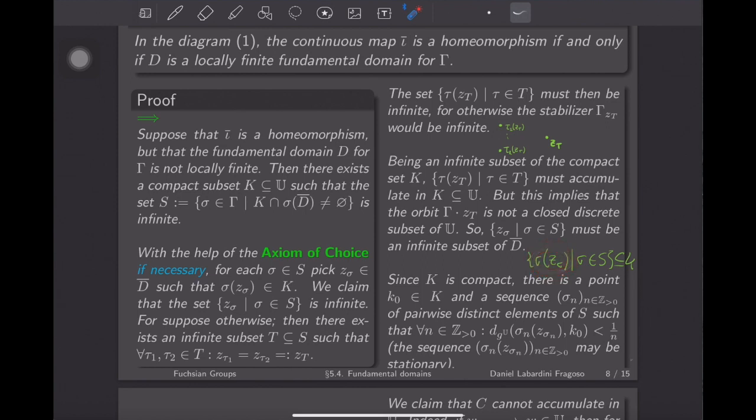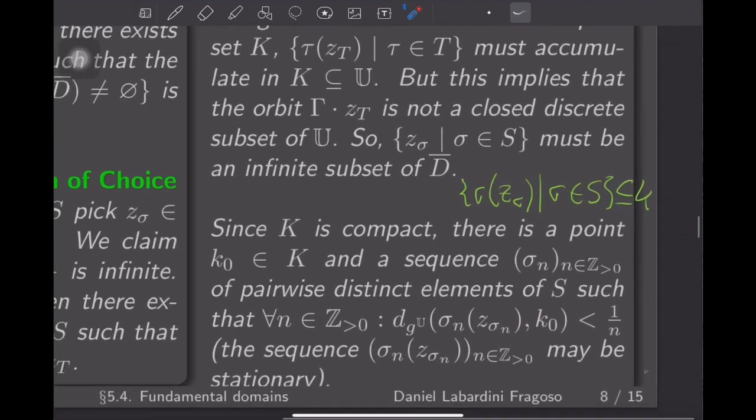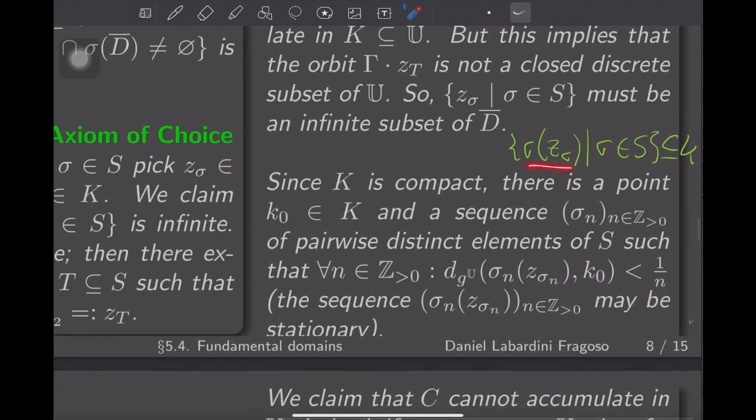And otherwise, if this is infinite, it's an infinite subset of K, so it has an accumulation point. In either case, there is some K naught, and some sequence of elements here, with the property that the sequence converges to K naught.